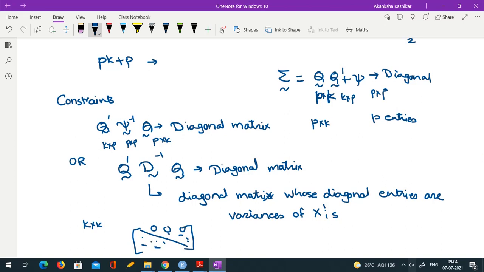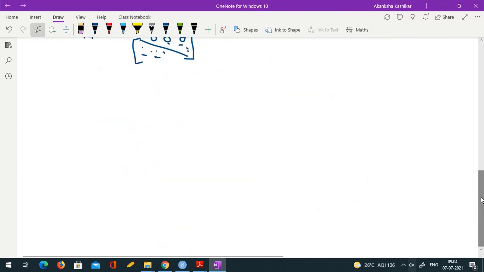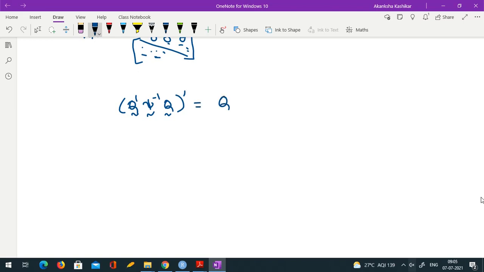And secondly, are all these constraints distinct, or is it like a symmetric matrix? Let me check that first. What do I know about Q prime psi inverse Q? If I take the transpose of it, it becomes Q prime, psi inverse prime, Q prime prime.